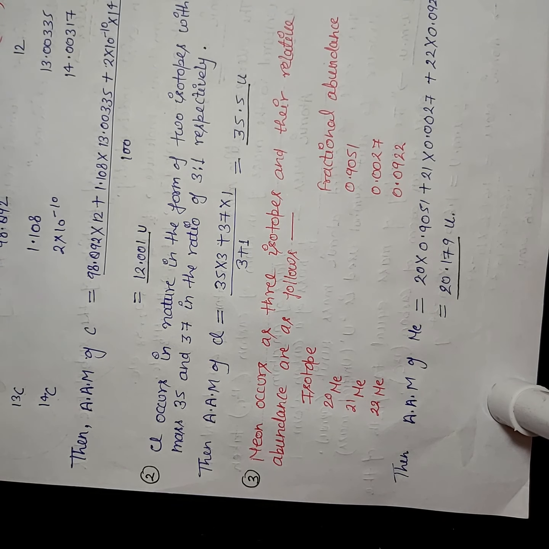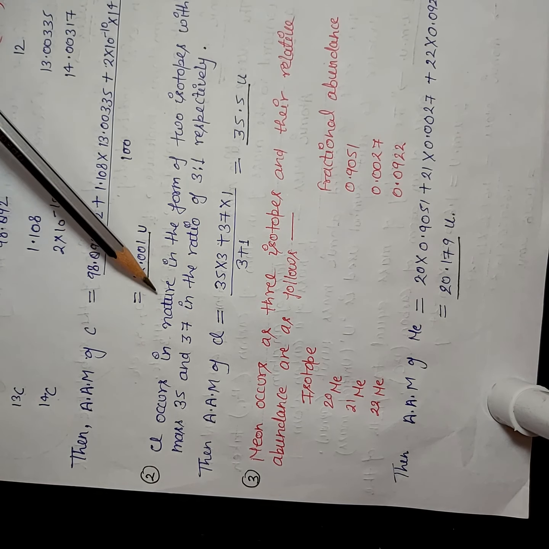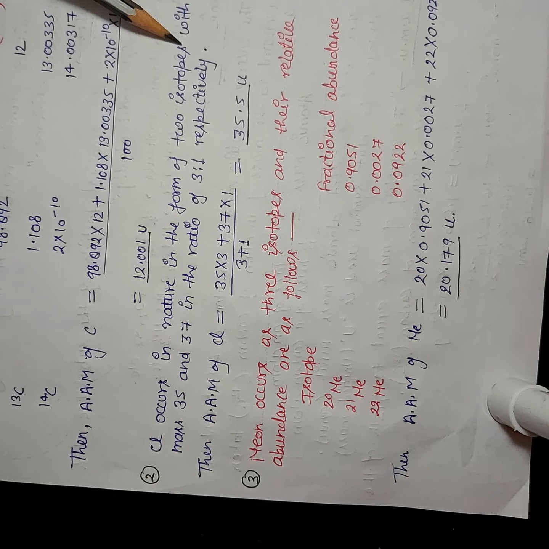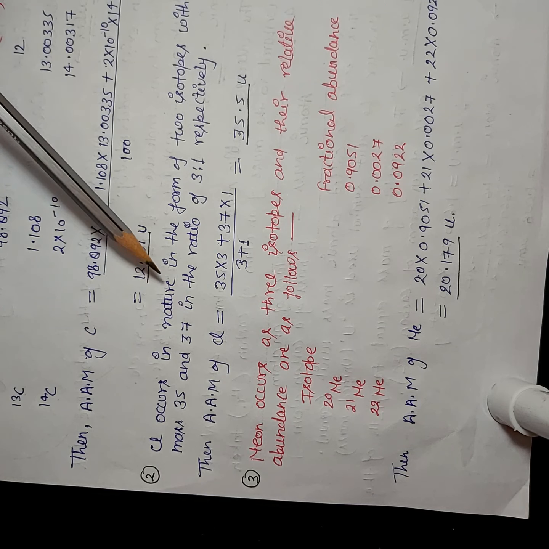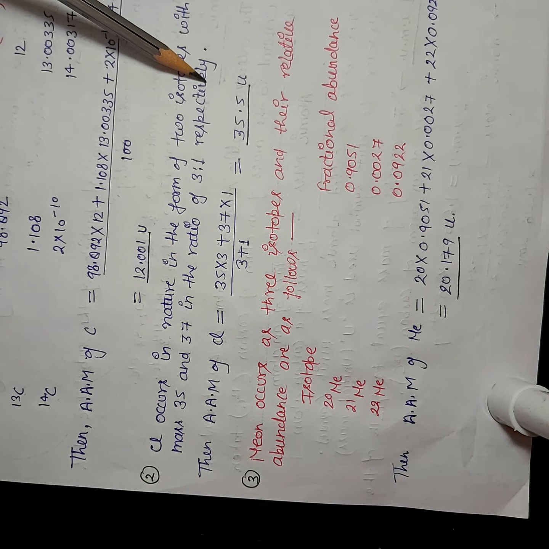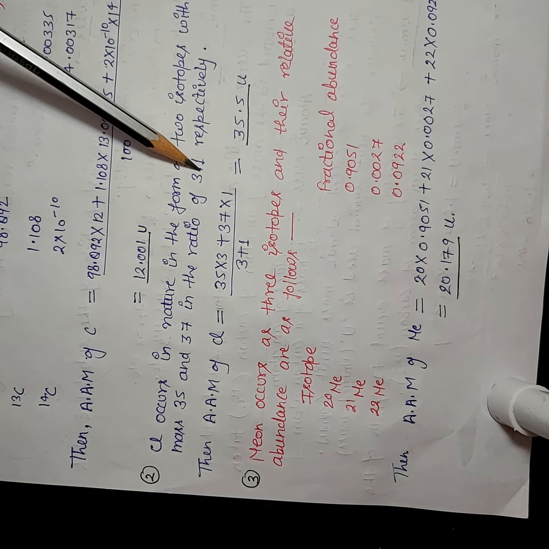Similarly, in the second example, chlorine occurs in nature in the form of two isotopes with atomic masses 35 and 37 in the ratio 3:1 respectively. I have taken three examples here because all three are different from one another. So pay attention to them.